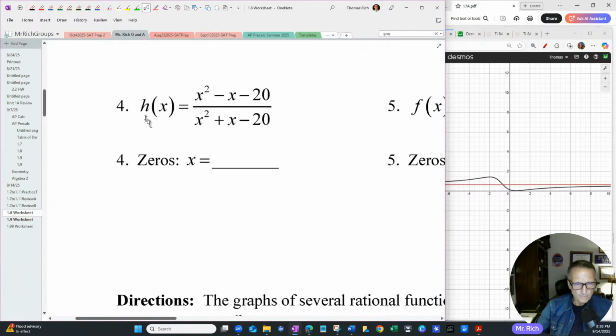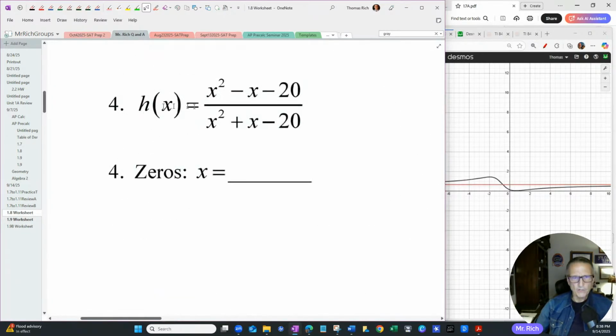Here's a rational function. What I want us to do is come up with all of the features. This question here is asking us for the zeros. Where are the zeros on this function? So what we'll do is we are going to go ahead and factor the top and the bottom.